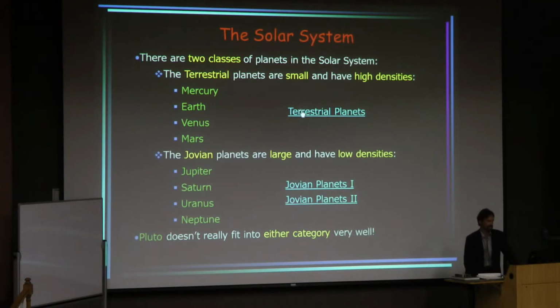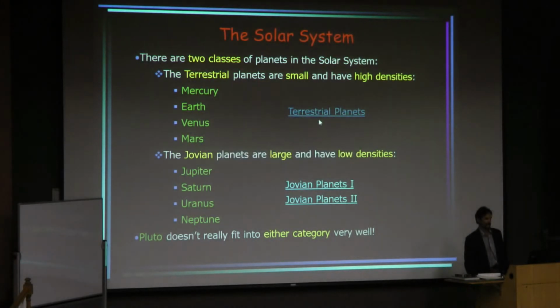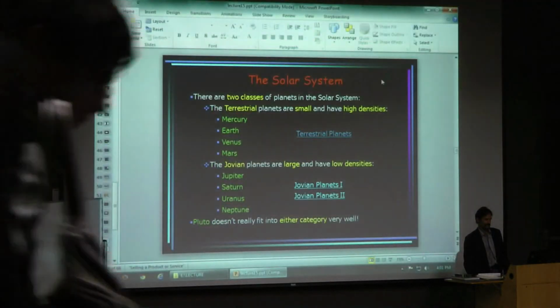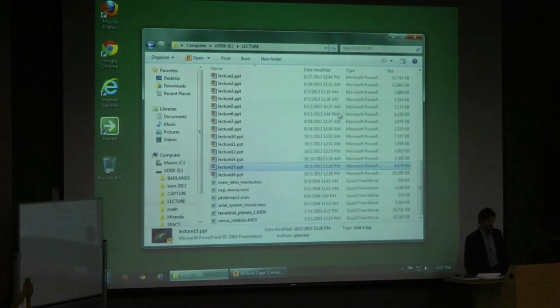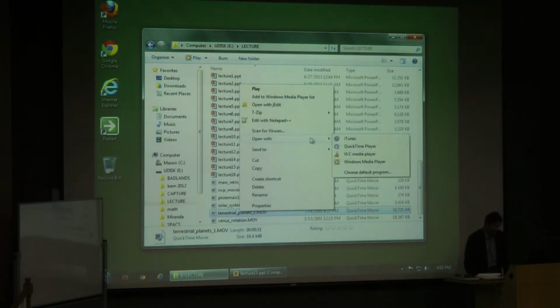Let me just show a couple of little videos, if my computer will cooperate here. Okay, so we'll force it. Let me just see if this works. Hopefully we'll tweak it.